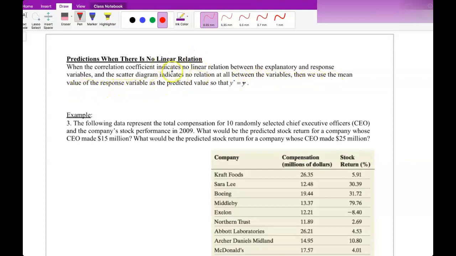So when we have no linear relation, instead of a predicted value, we're going to use a mean. So we use the mean value of the response variable. So this is response, that's why we should use y. Okay, I'll be writing that part. So that is y hat. This one is y bar.